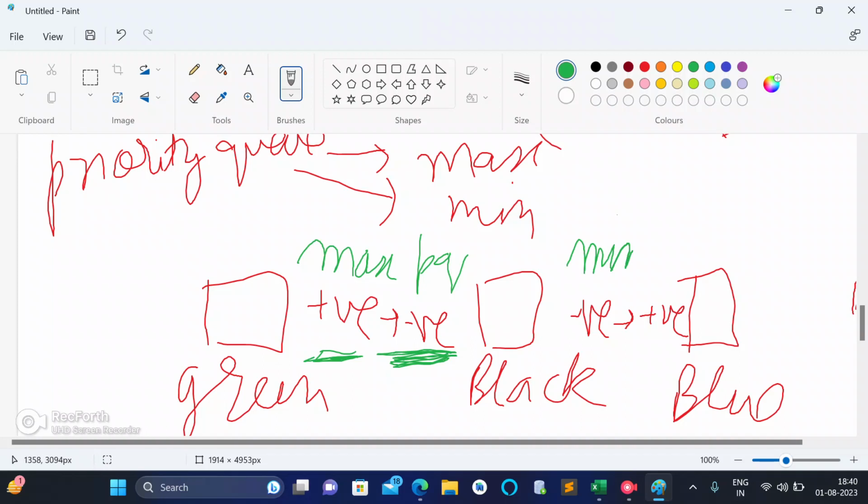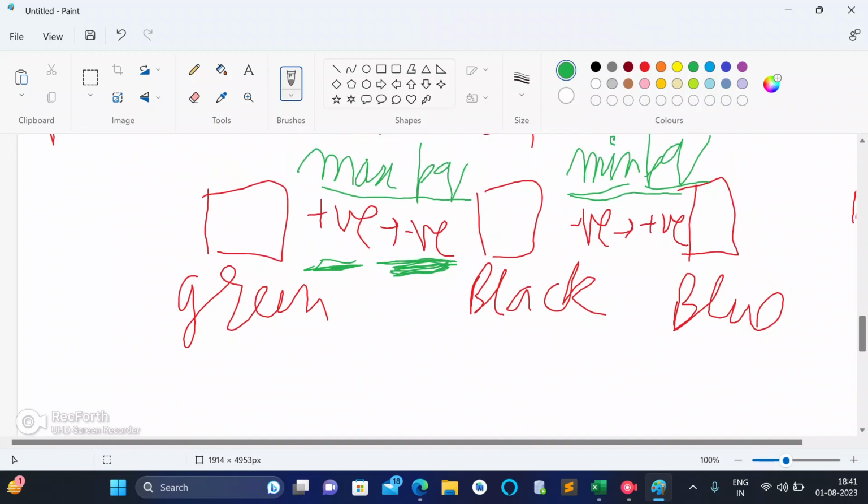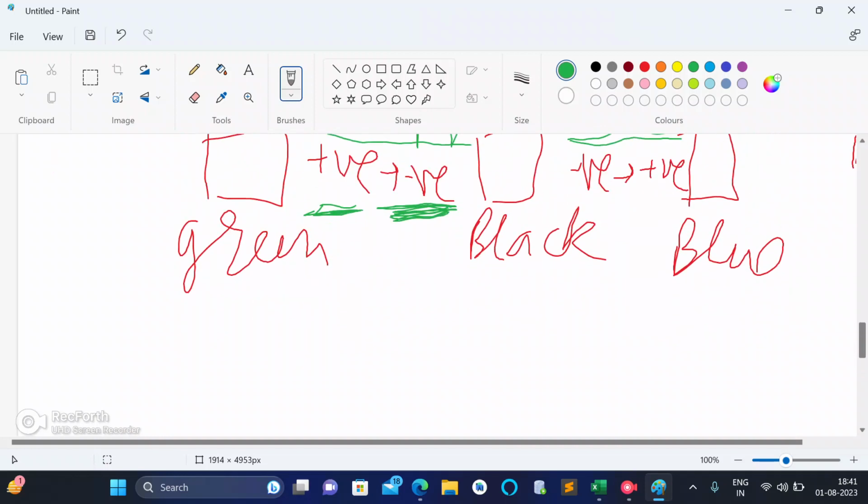And here at every instant I want to convert the negative into positive, so I will use the min priority queue, which will give the minimum value, or I can say the strongest negative. I am saying the minimum value is the strongest negative. So these are the two things. So how will we be using the priority queue? Let's discuss that.